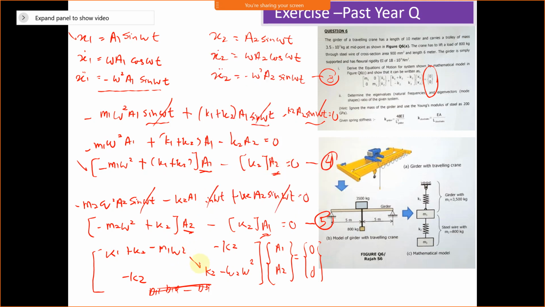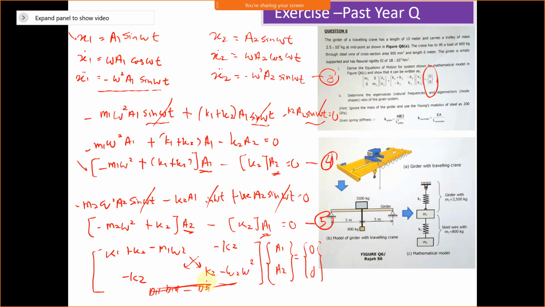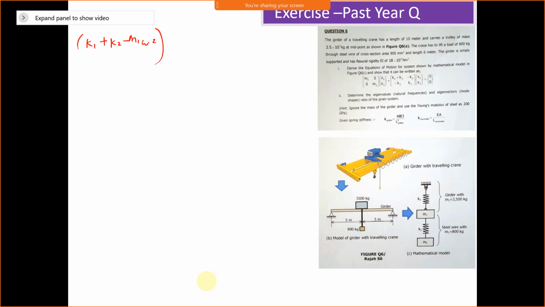Okay, darab this one, tolak yang ni darab dengan ni. Okay, kena cross macam tu lah. So, apa kita ada? Determinant kita, kita akan dapat K1 plus K2 minus M1 omega square times with yang this one lah, K2 minus M2 omega square minus K2 square equals to 0.